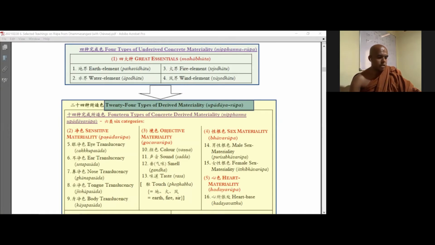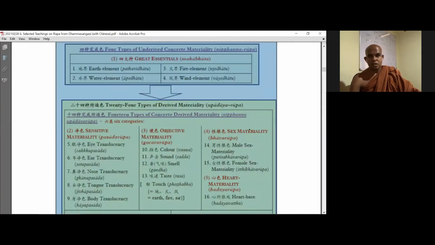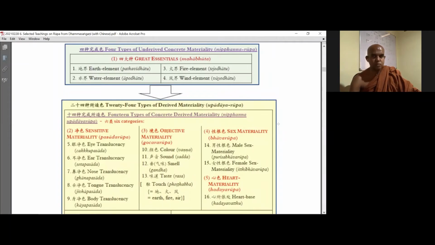But anyway, those are 24 Rupa. We can understand, first of all, there are 5 sensitivity materiality, 5 pasada: eye, ear, nose, tongue, and body. We already know before, we studied, no?